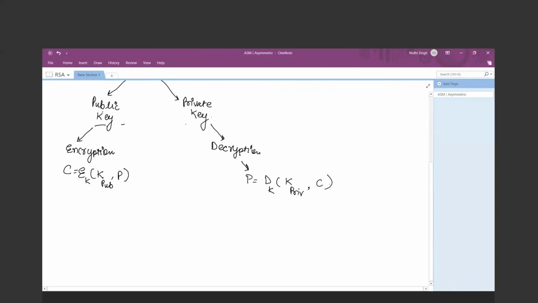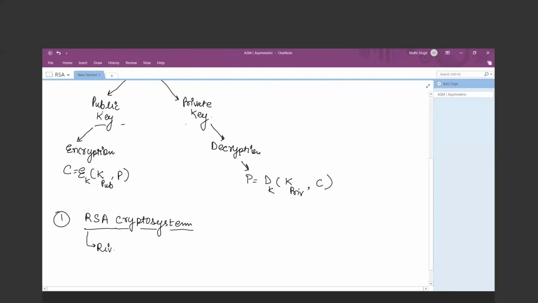So the first algorithm under the asymmetric key cryptography that is widely used is called the RSA crypto system. Asymmetric key cryptography is also known as public key cryptography. So RSA crypto system, what is RSA?